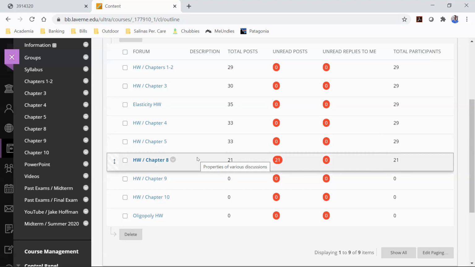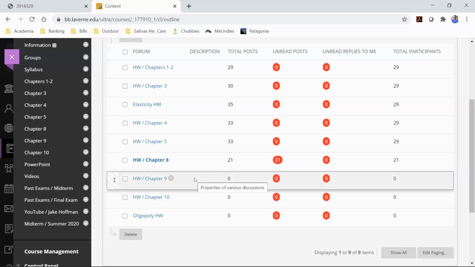Make sure you get your chapter 8 homework into the discussion forum here. That's due today as well. For next time in 2 weeks, you have the chapter 9 homework and the chapter 10 homework both due here and here by sometime in the next 2 weeks.